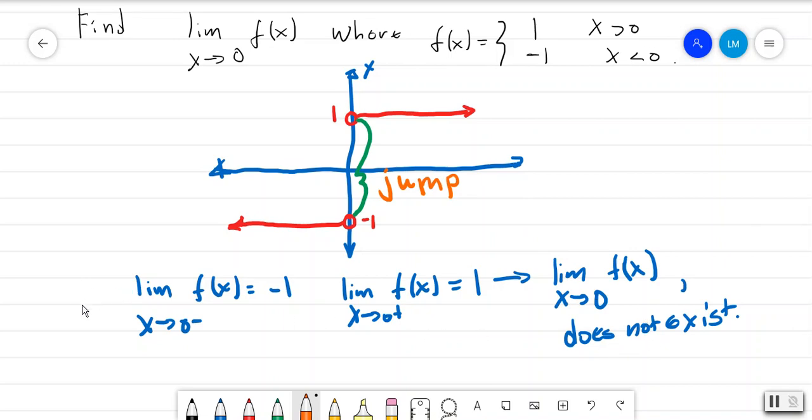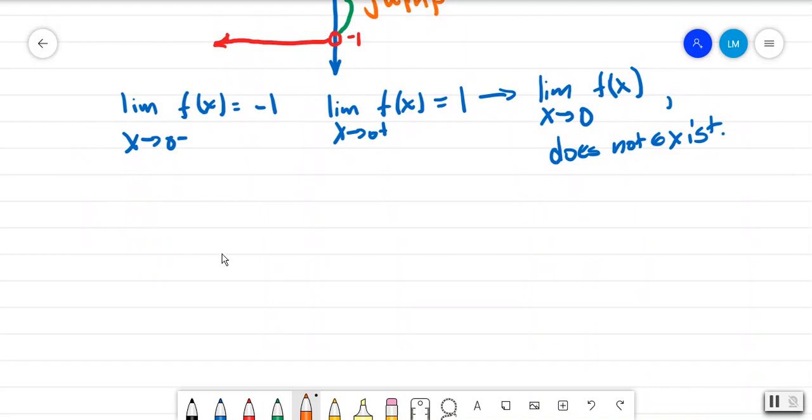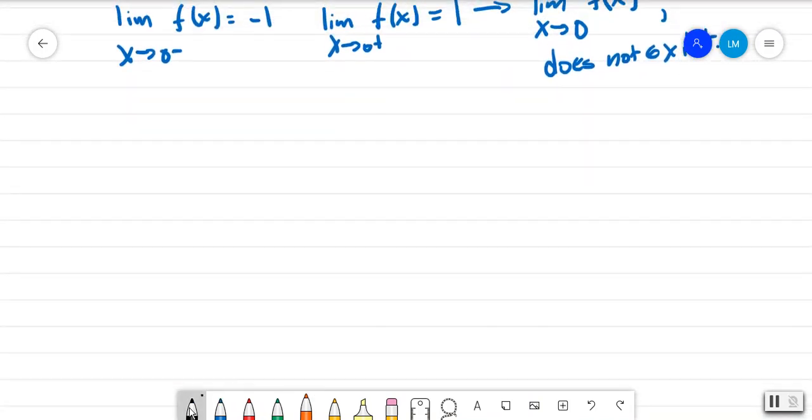Okay, my last example is a piecewise function.